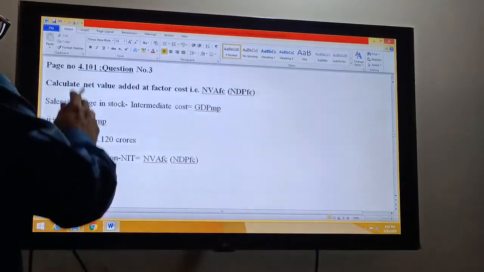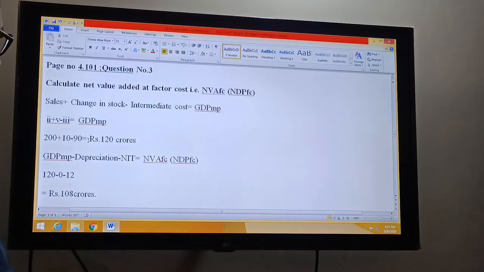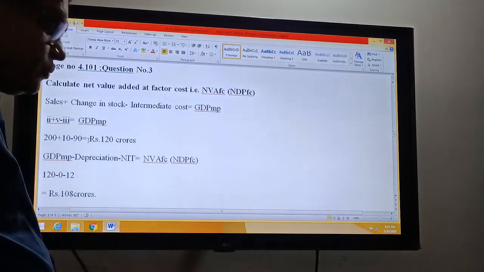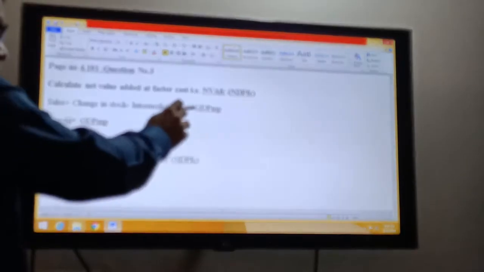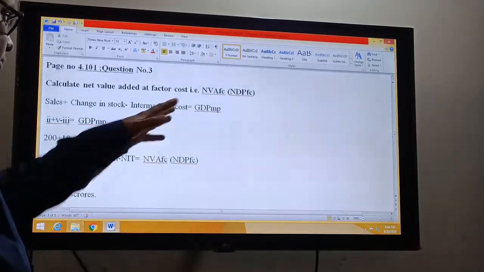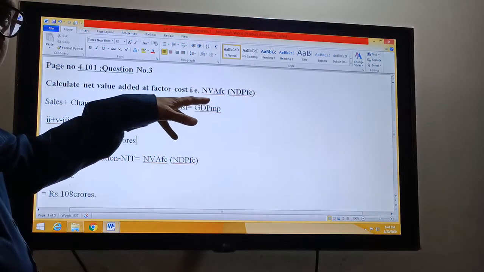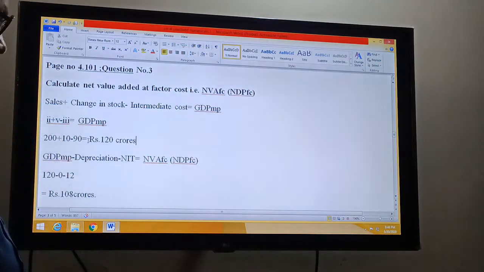Please see page 4.101 and question number 3. You are given sales plus change in stock minus IC, that is equal to GDP. We will do this question in two steps. Step number 1, we'll get GDP only from value of output. In the second step, we'll get NVFC from GDP MP.